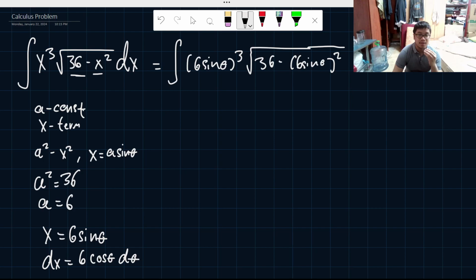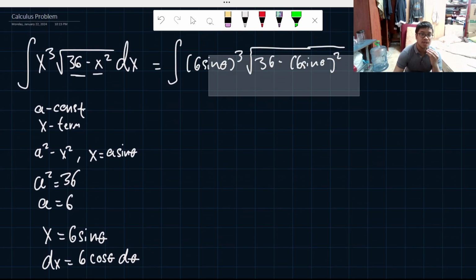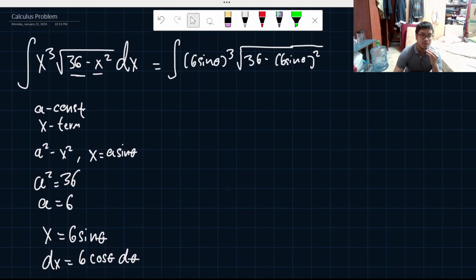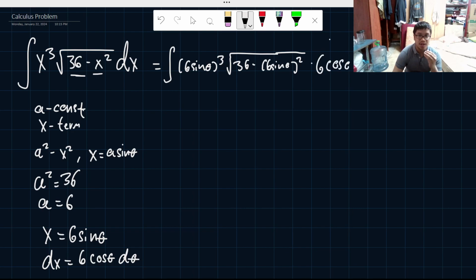Then times dx. Your dx is 6 times cosine theta d theta. Let me just shrink the size of my writing because it will be blocked by my camera here. So yes, 6 times cosine theta d theta. So now we expand.